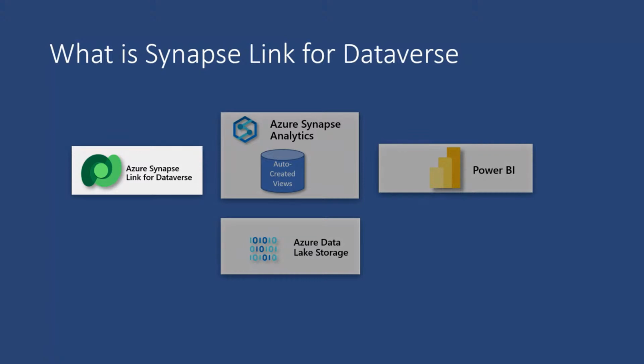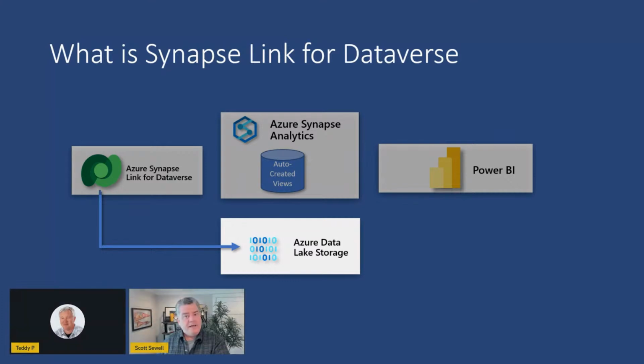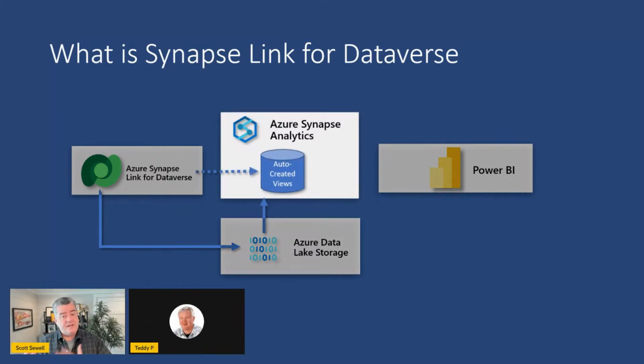When you turn it on, it's going to ask you for the name of a data lake storage, because it's going to be storing this data out into the data lake. Then it'll also optionally ask you for a Synapse workspace. The Synapse workspace is going to look at the data in the data lake and combine that with metadata coming in from Dataverse to give you a serverless experience where you can query that data as if it's sitting in a serverless database for yourself. At that point, I can pull it into Power BI.